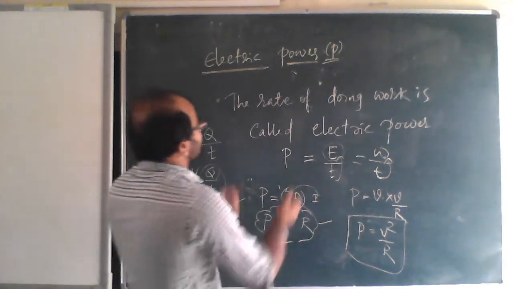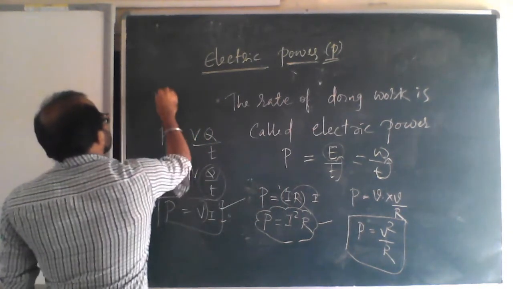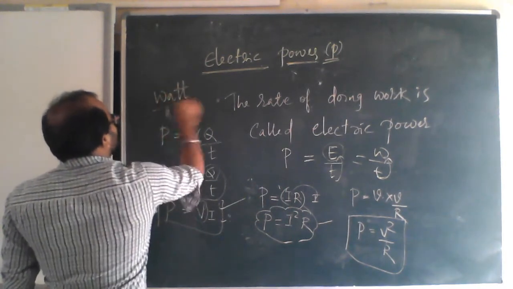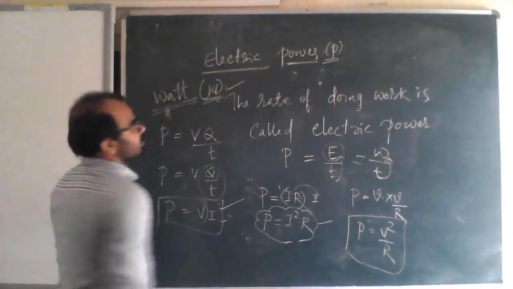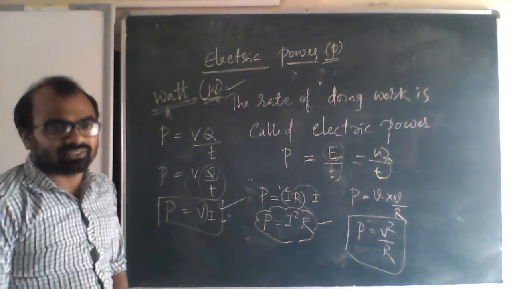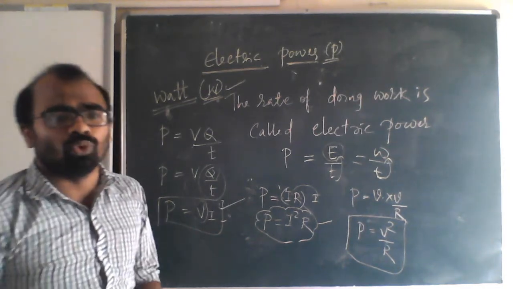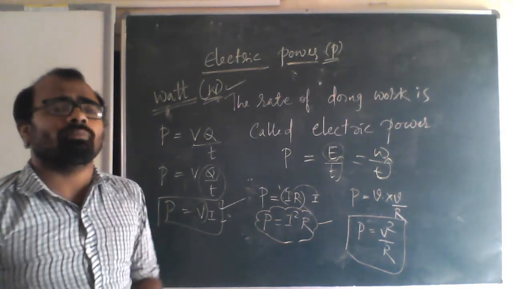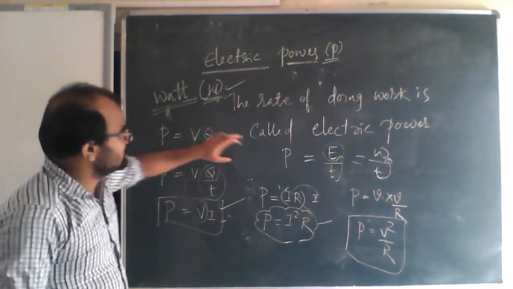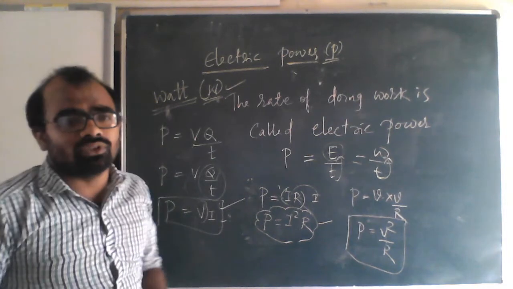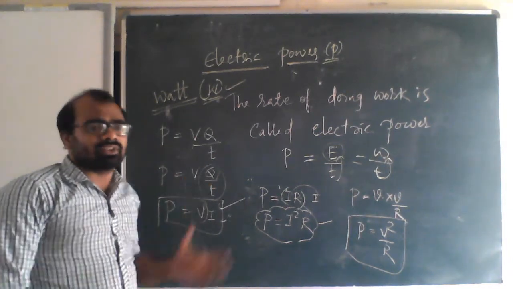What is the SI unit of power? The SI unit of power is watt, represented by W. Electrical energy is measured in joules and power is measured in watt.